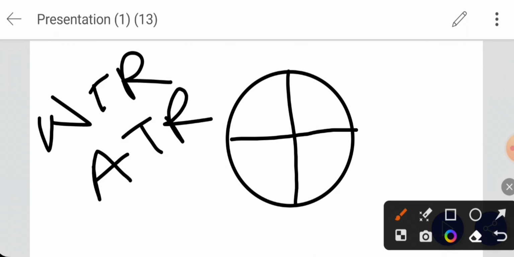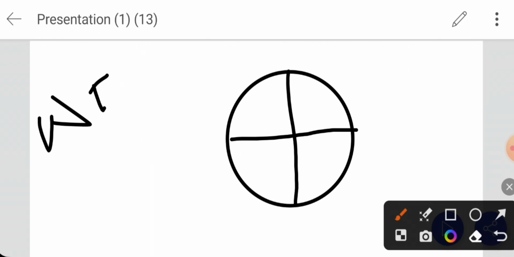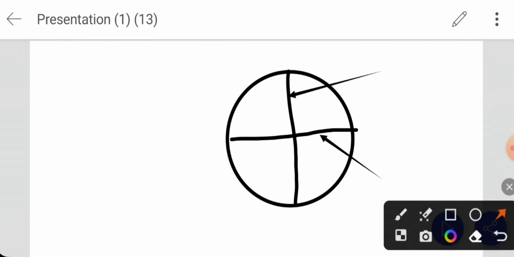In with the rule astigmatism, the vertical corneal curvature is steeper than the horizontal corneal curvature.